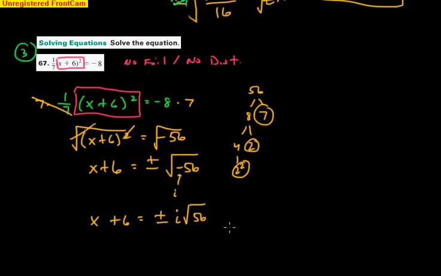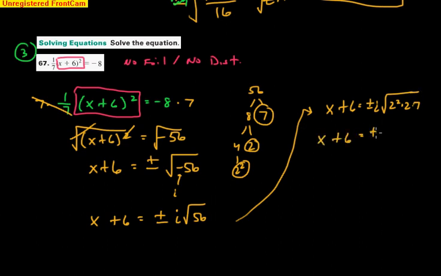That's what makes 56. So over here, sorry for the arrow, I get x plus 6 equals plus or minus i square root of, and 56 is 2 squared times 2 times 7. So what comes out? The 2, because it is squared.